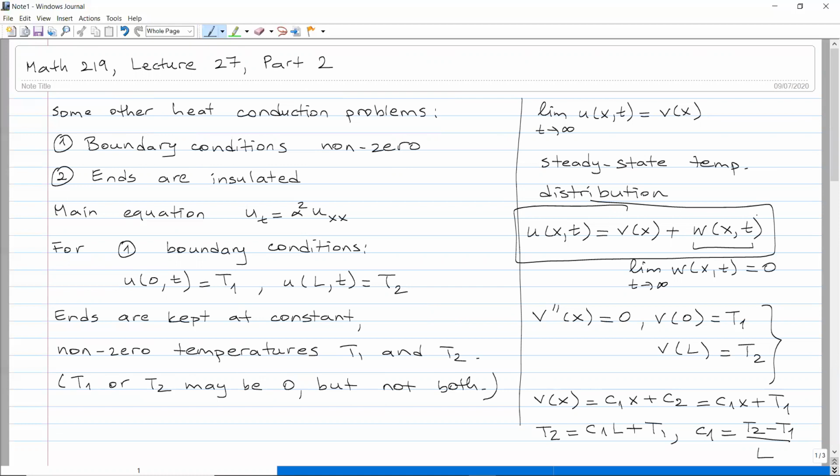You can consider this w as the solution of the homogeneous problem. For w, the boundary conditions are 0. It's the part which involves the constants. And v(x) you can consider as a particular solution.